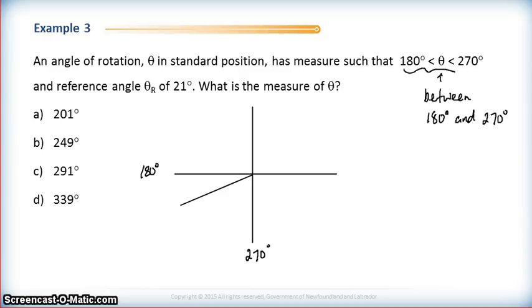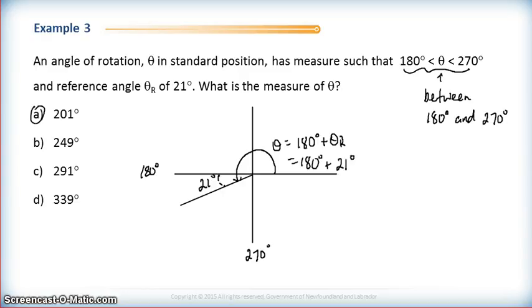So that's what that notation there means. So it's 21 degrees here. We're looking for a rotation that takes us to that location from standard position. In this quadrant, our angle theta is equal to 180 plus the reference. So it's 180 plus 21 degrees. That gives us A as our answer.